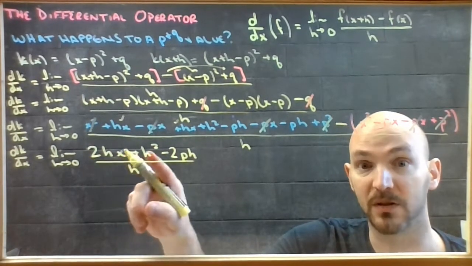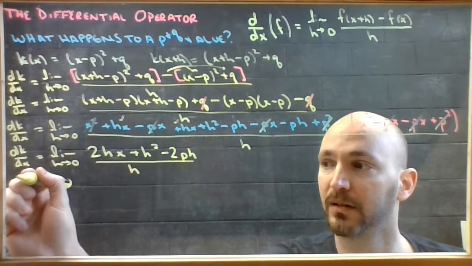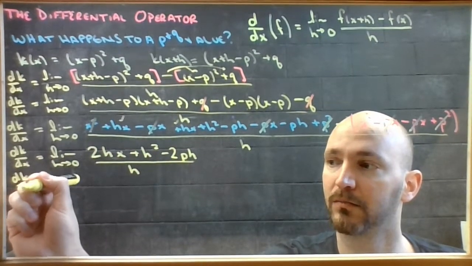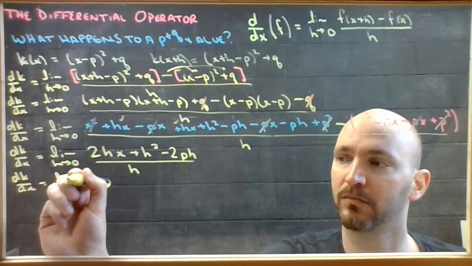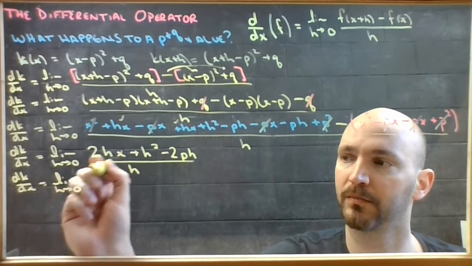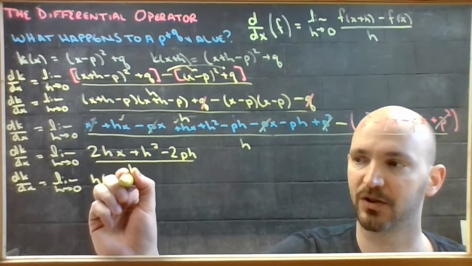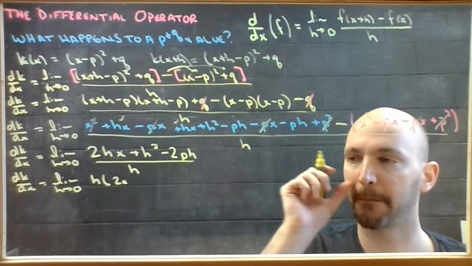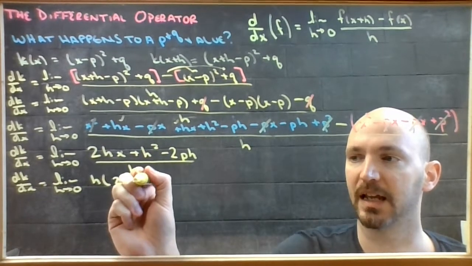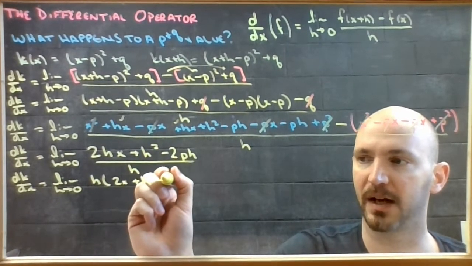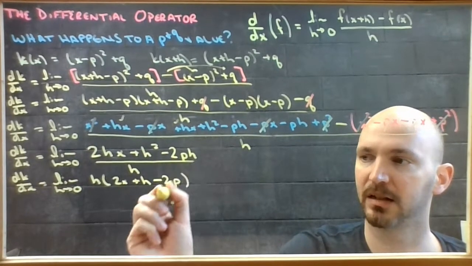So I'm just going to do that, factor out my h's. That leaves a 2x in this term. It leaves an h in this term, and it leaves a minus 2p in this term.